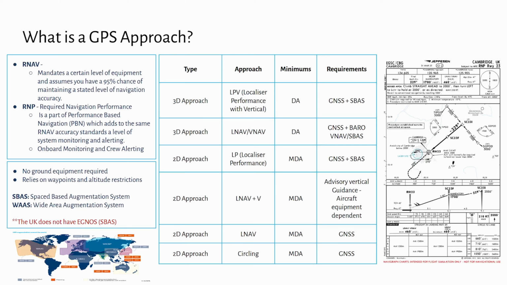However, it does have advisory vertical guidance, and this is aircraft dependent, so not all aircraft have it and not all approaches have it. It is important to note that the minimums are the same as the LNAV approach. You can't just follow the vertical guidance blindly, because if you continue below minimum without having visual contact with the runway, your obstacle clearance is not assured, and it's also breaking the rules.